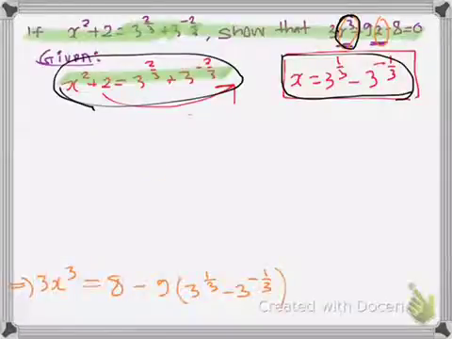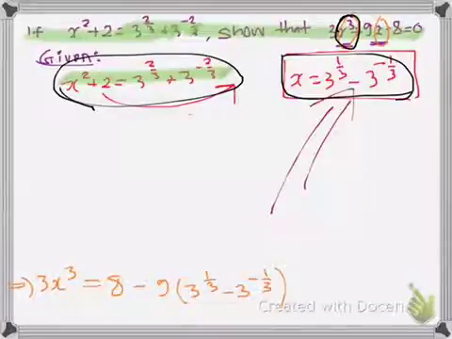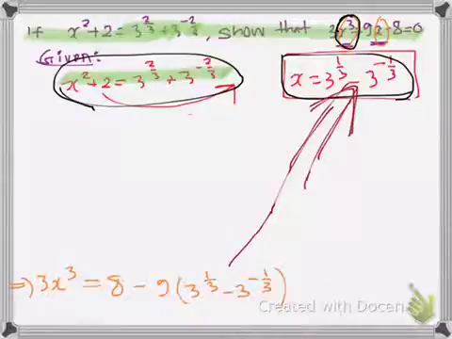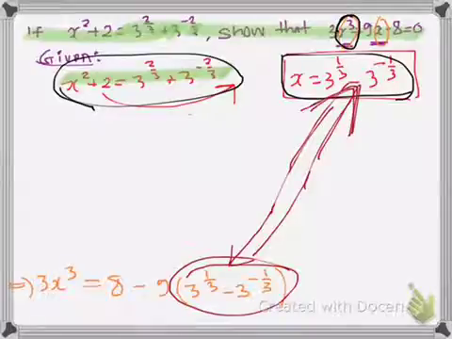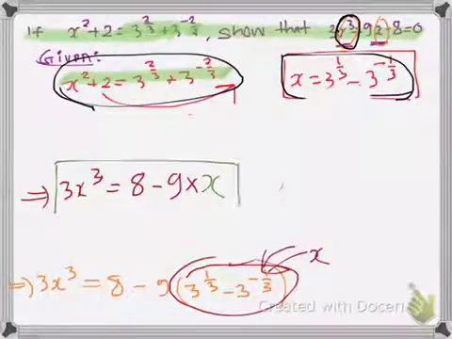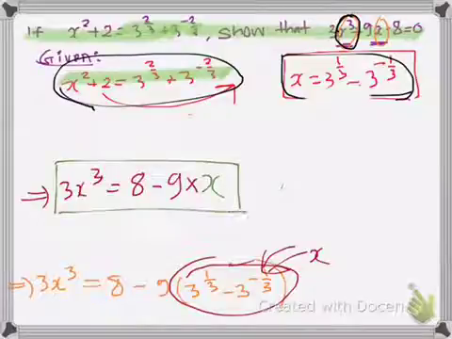If you remember, I told you that the value for x was this. So when we substitute the value for x over here, this is the value for x, I've written here safe so that I can use it over here. So when we substitute the value of x right over here, what we get is 3x cubed is equal to 8 minus 9x.